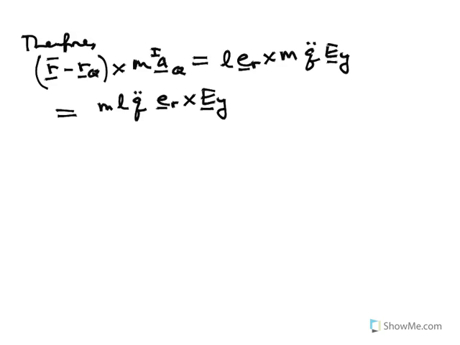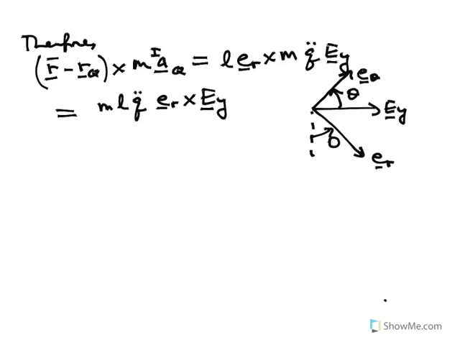Now, if you look at the way Ey is defined, if you actually draw that picture, I didn't draw the picture for Ex because we didn't really need it, since it was the same picture as before. But here's Ey, there's Er, and there's E theta, and this angle is theta.